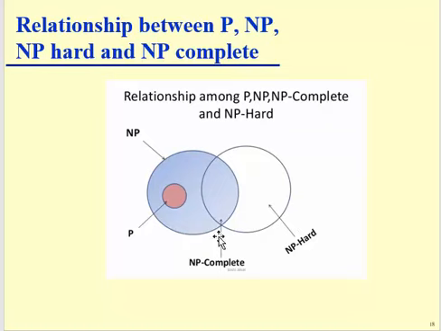And the other thing is that it should also be NP hard. So this region represents NP complete. So that is the relationship between P, NP, NP hard and NP complete. So that's all for this lecture. In my next lecture, I will take some problems and we will prove whether those are NP hard or NP complete.